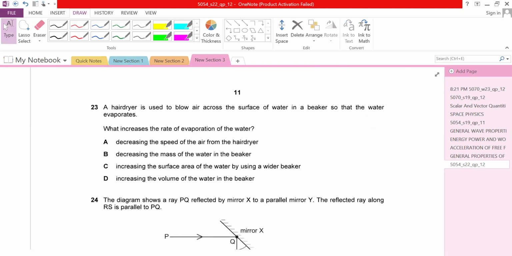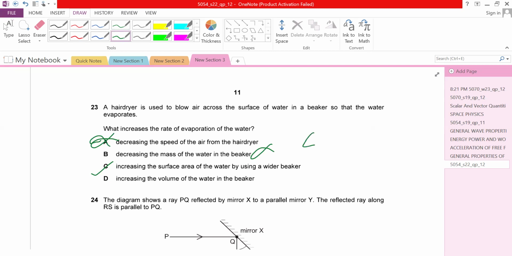Question number 23. A hair dryer is used to blow air across the surface of water in a beaker so that the water evaporates. What increases the rate of evaporation? Decrease the speed of the air from the hair dryer? No. Decrease the mass of the water in the beaker? No. Increase the surface area? This option is correct, by using a wider beaker.